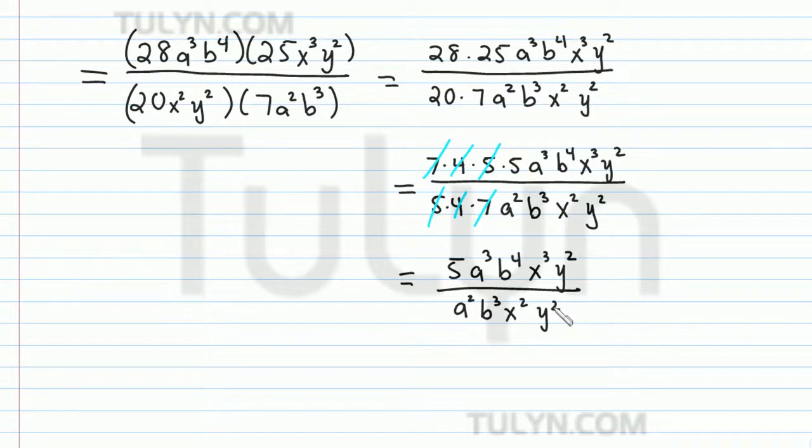So now the numbers are taken care of. So now we have to worry about the variables. And there's an a in the numerator and the denominator, a b, an x, and a y. And we have to reduce all of them.